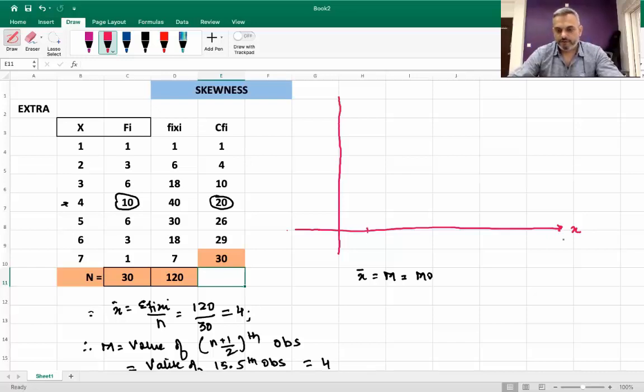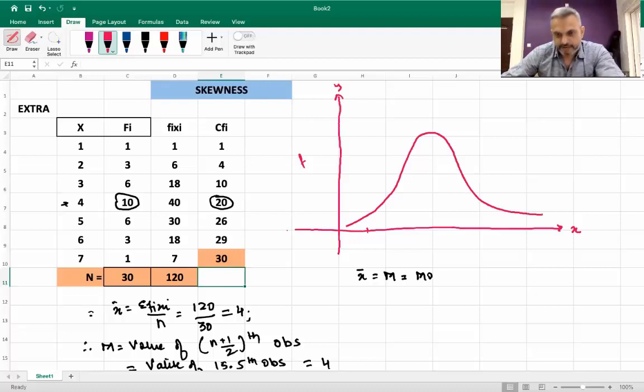And then on the y-axis, we write frequency. So 1, 2, 3, 4, 5, 6, 7, 8, 9, 10. Now I start drawing a graph by plotting them. So 1, 1, 2, 3, 3, 6, 4, 10, 5, 6, 6, 3, and 7, 1, and then we join the dots.